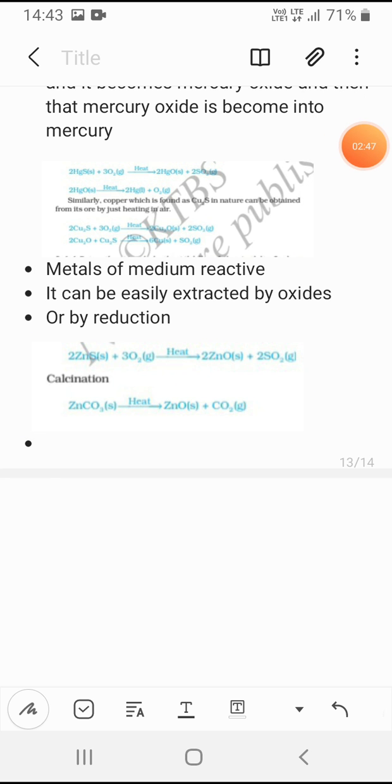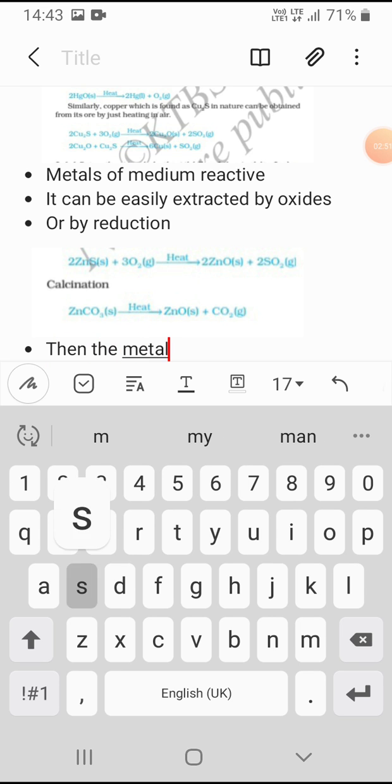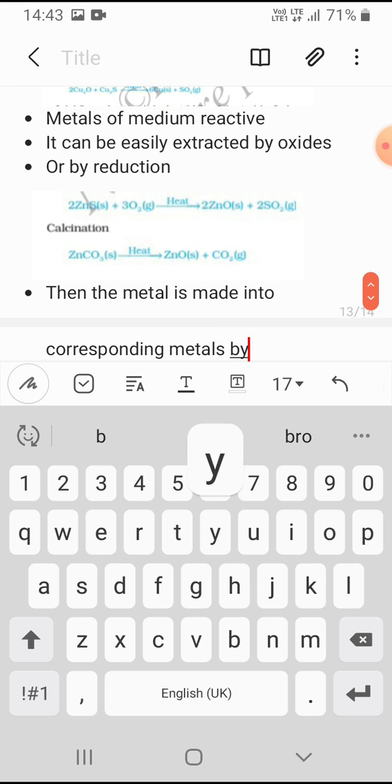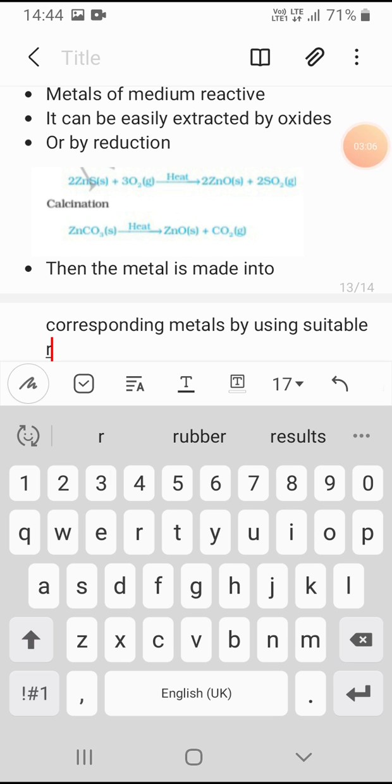Then the metal is made into the corresponding metals by using suitable reducing agents.